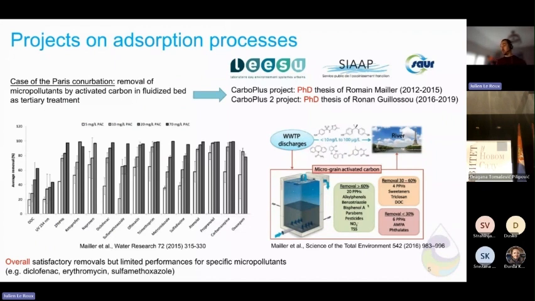But for some compounds, there were quite intermediate removals, and some molecules were also recalcitrant to the adsorption. Overall, this process has satisfactory removals, but some limited performances for specific micropollutants.